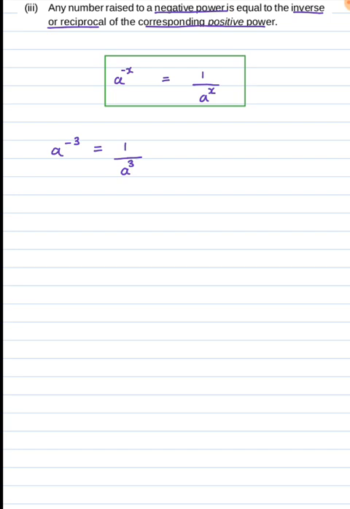So if we also have maybe 6 to the power of negative 5 over 3, it would be just the same as 1 over 6 to the power of 5 over 3. So that's what it is like. Even maybe we might have x to the power of minus 7, it will be equal to 1 over x to the power of 7.